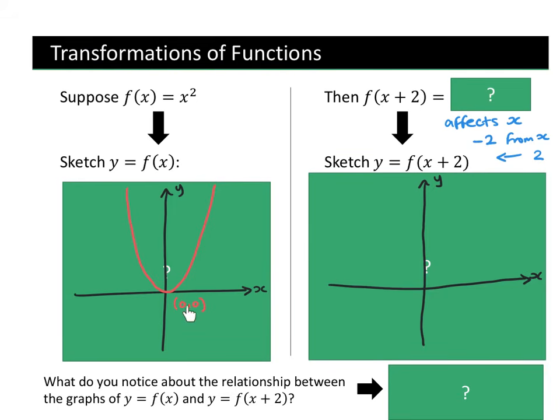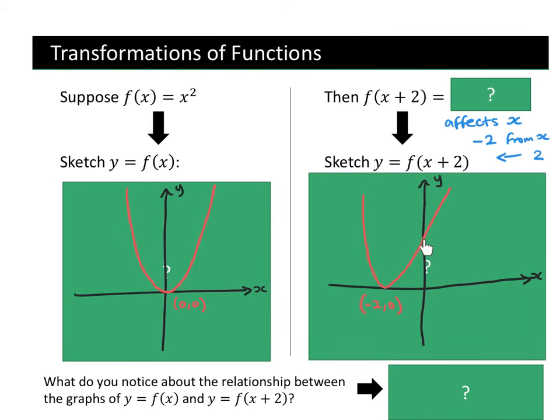So our only coordinate we have to go on is 0, 0. So now this would move over to negative. This coordinate here would be negative 2, 0. Now you can see we have a new intersection here.